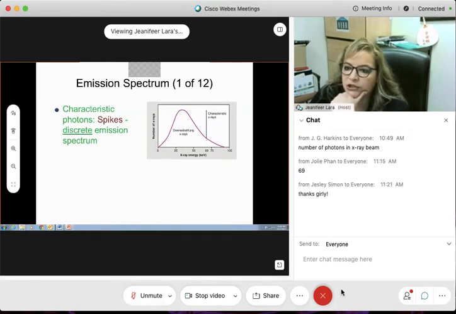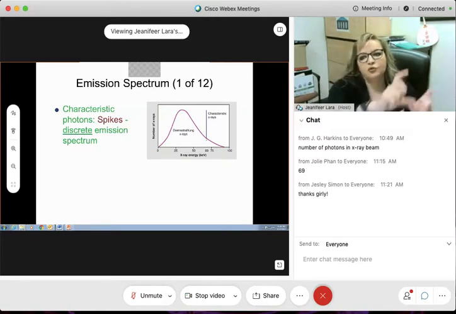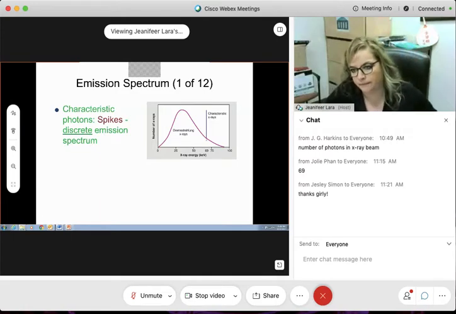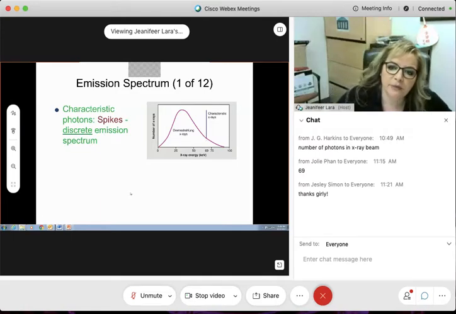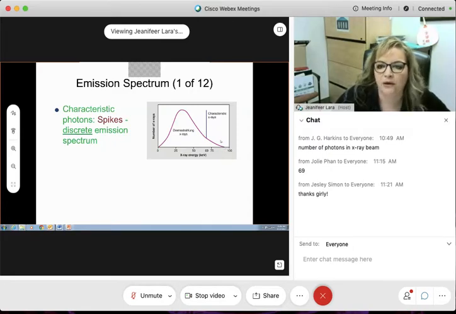So start paying attention to when your KVP goes high and when your KVP goes low. That's going to be essential when we go into the next chapter. Because we did select the KVP high, to about 90 right here, we are going to see spikes of characteristic X-rays. All right?